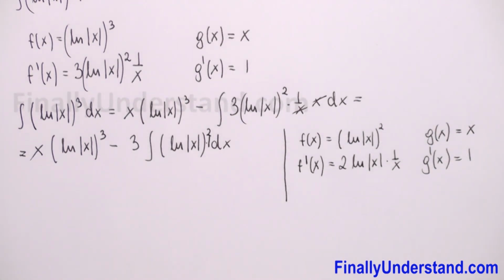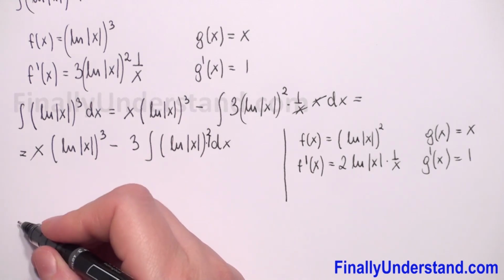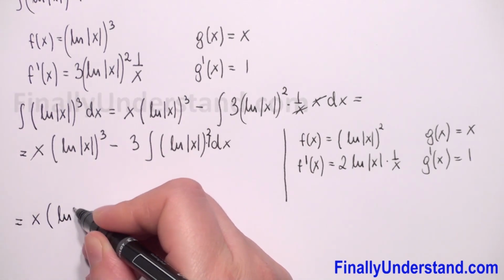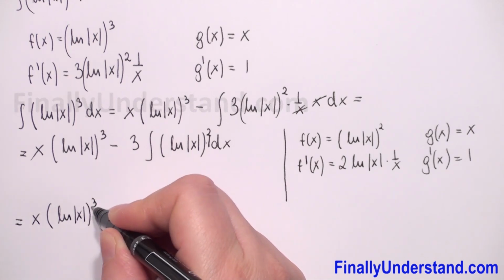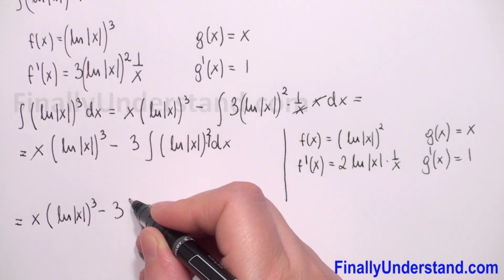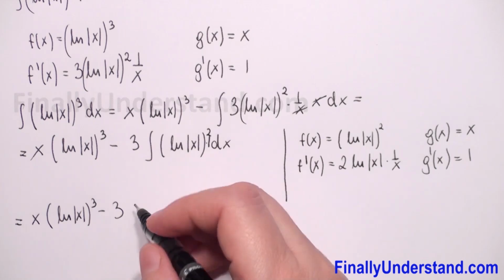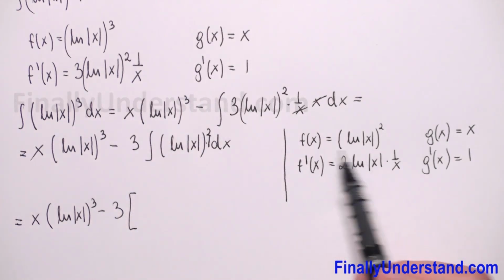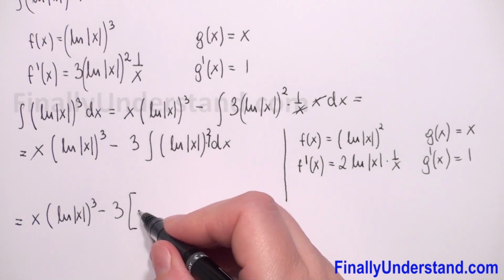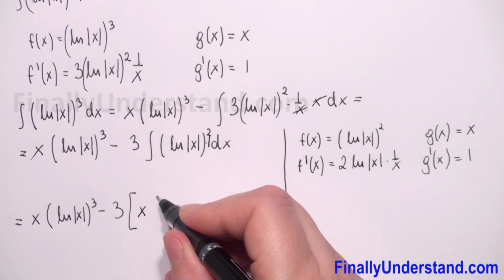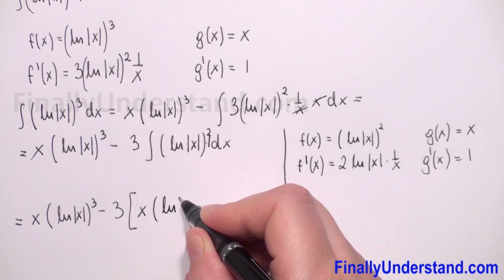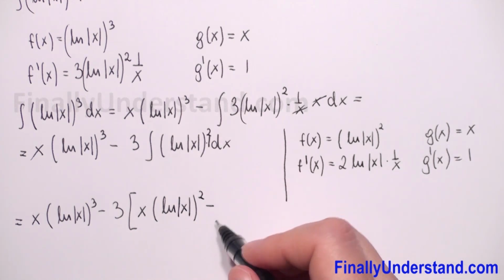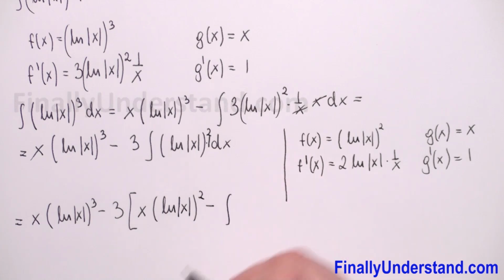So now we have to just replace one more time. The beginning we have to copy. So we have x times the cube of the natural logarithm of the absolute value of x minus 3 times the integral. We will open brackets and we will have first f times g. So first I will put x times the square of the natural logarithm of the absolute value of x minus, and now we have the integral of f prime.